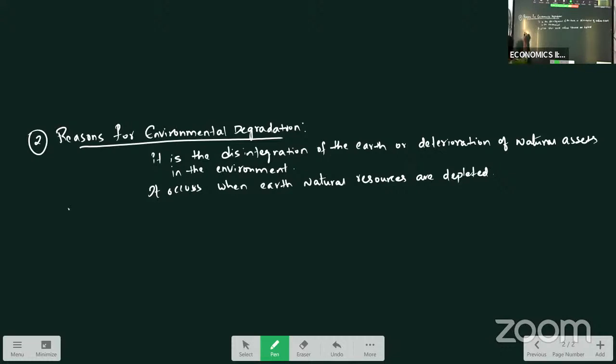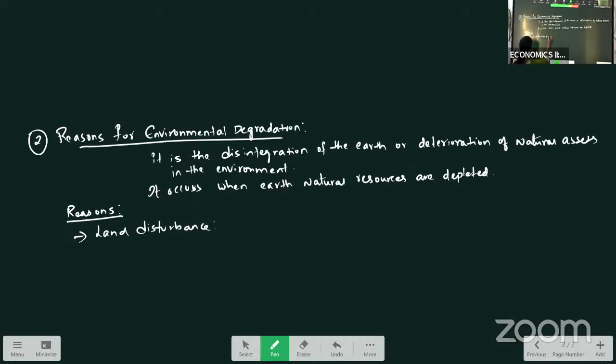Now, what are the reasons for environmental degradation? Let us see. First one, land disturbance. So overgrazing, then invasive species destroy land and environmental assets.